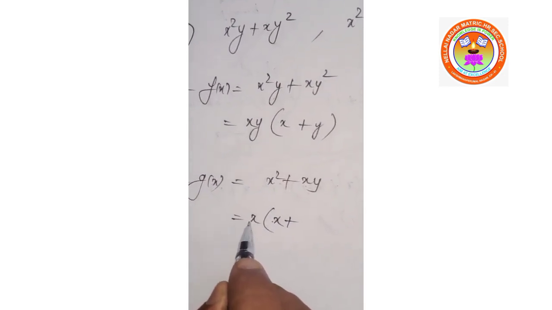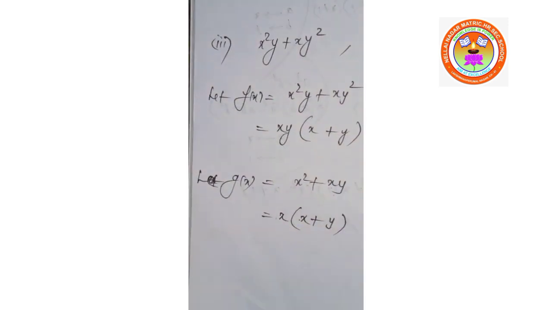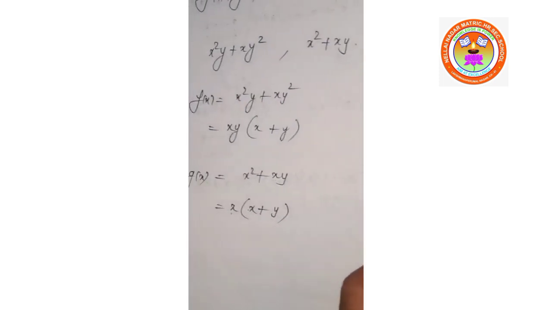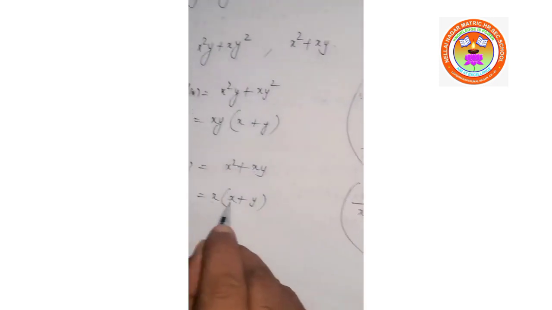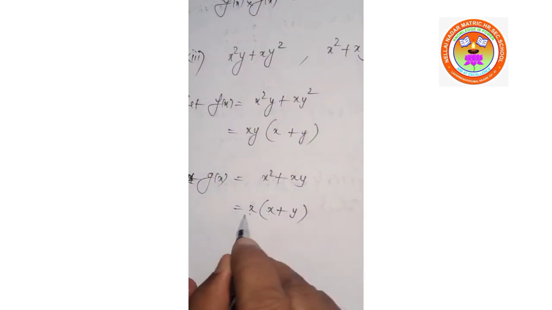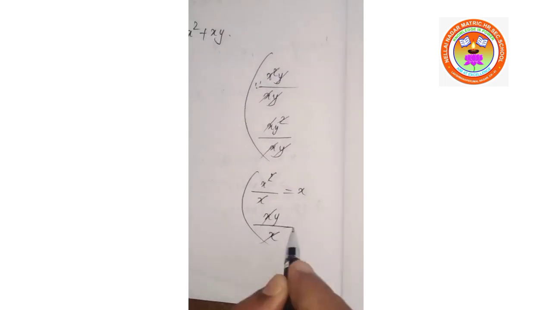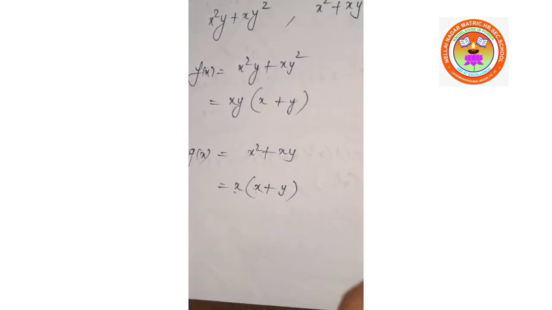What should be multiplied with x to get xy? Surely y only, because x into y is xy. Otherwise, x squared divided by x, one x gets cancelled, x, look at that, plus. xy divided by the common factor x, x gets cancelled, y, I have written y. Okay, if you have any doubt, you can refer to this one.